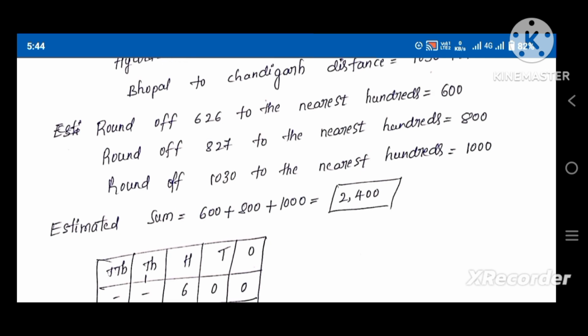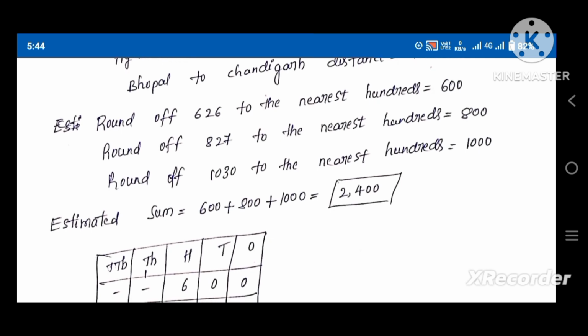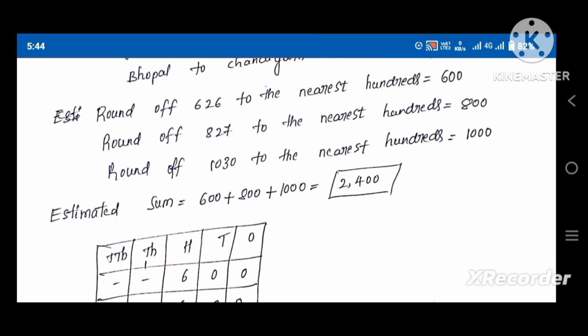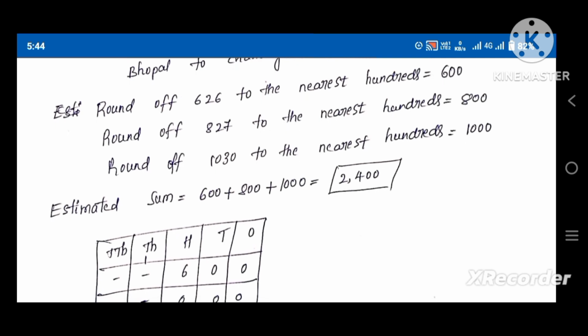Round off 827 to the nearest hundreds is equal to 800. Round off 1030 to the nearest hundreds is equal to 1000.